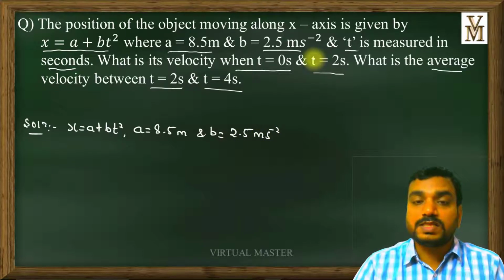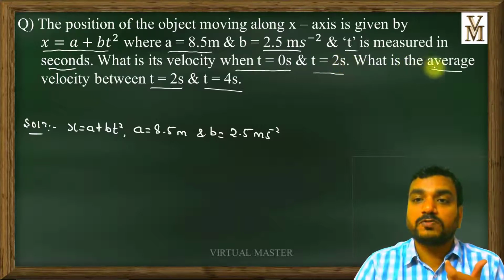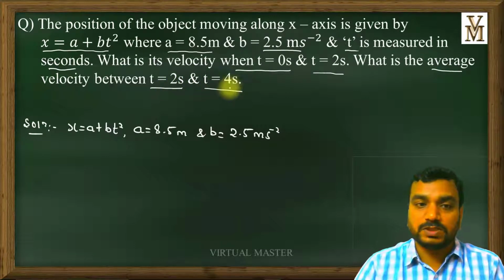Now we have to find the instantaneous velocity of the object when t equals 0 seconds and t equals 2 seconds, and also the average velocity of the object between t equals 2 seconds and t equals 4 seconds.